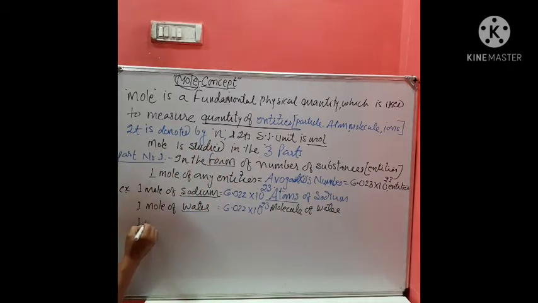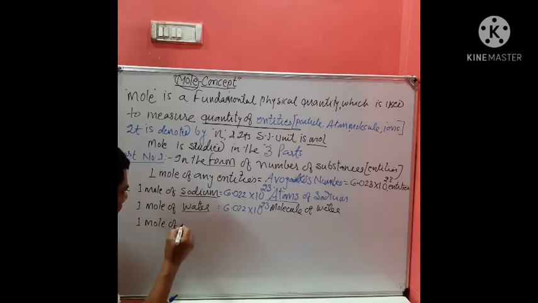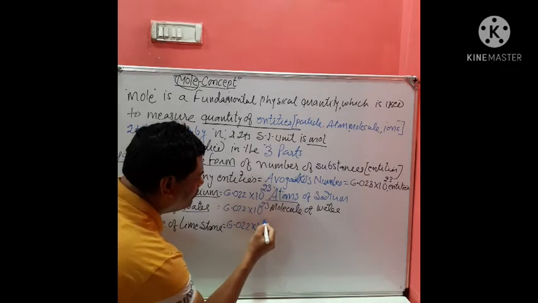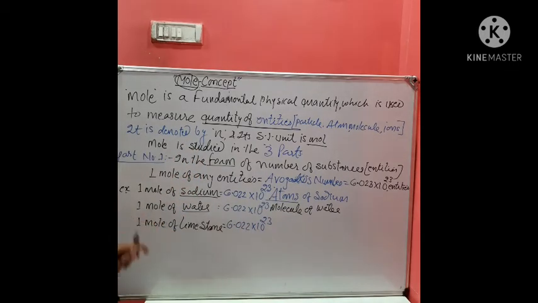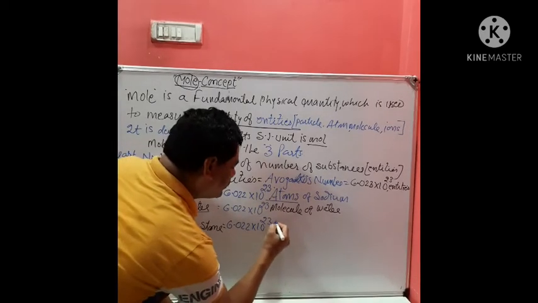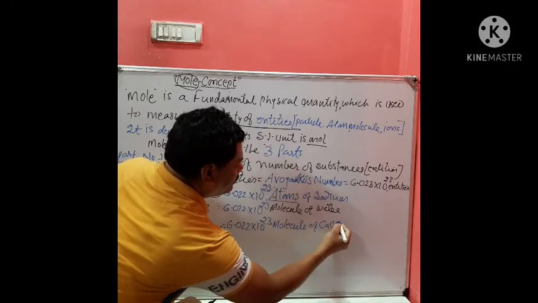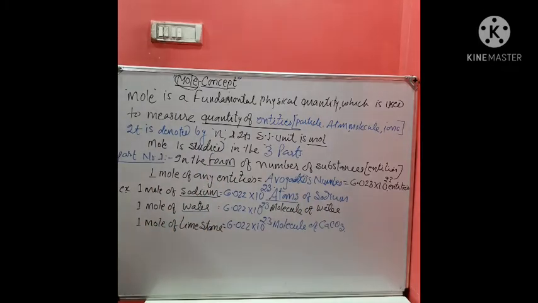Again, 1 mole of, say, limestone. That means 6.022 into 10 to the power 23. Now limestone is a compound, so its basic unit will be a molecule. So I will write molecules of limestone, that is CaCO3, calcium carbonate. Are you getting it? So this is the meaning of the term molecule in the form of Avogadro's number.